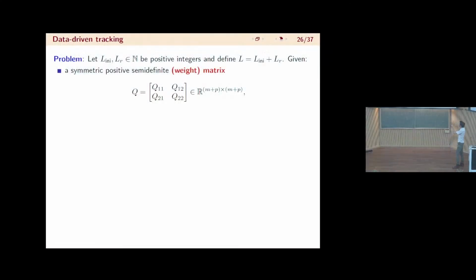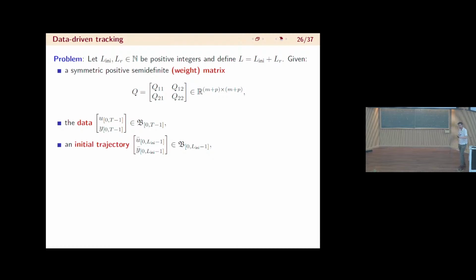We're considering a positive semi-definite matrix, Q, which is going to be the weight matrix in our tracking problem. We'll also have access to the data, similar as before, and now an initial trajectory of the system, u bar, y bar on the time interval 0 to L_ini minus 1.